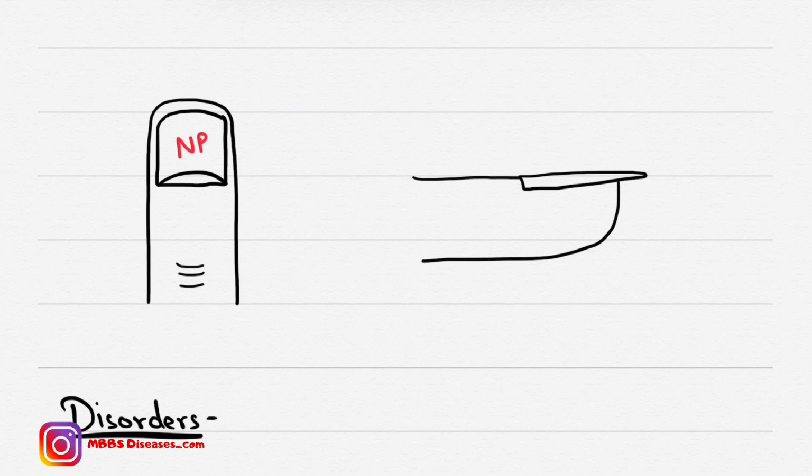This is the lateral nail fold. This semicircular or moon shaped part is known as the lunula. This fold is known as the proximal nail fold. And lastly, we have the cuticle here.